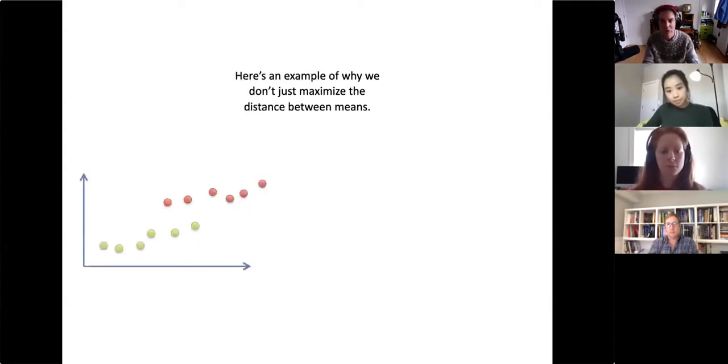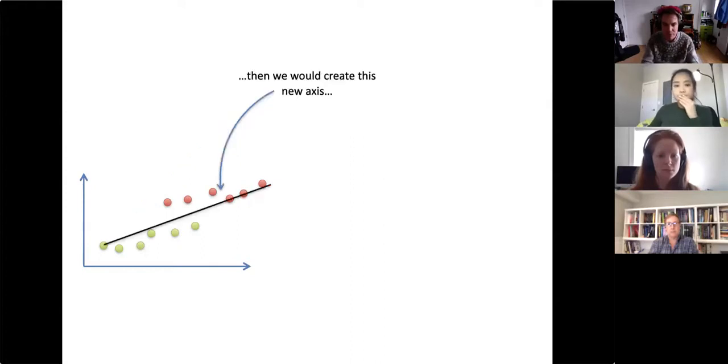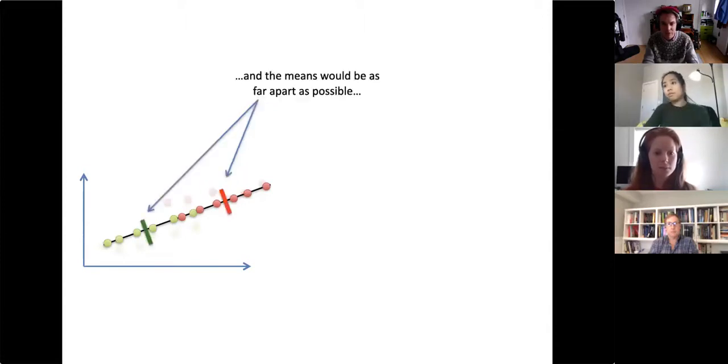Here's an example of why we don't just maximize the distance between means. If the goal is to reduce this two-dimensional data to one-dimensional data by maximizing the distance between the means, and that's all we're focused on, we just want to separate the means as far as possible, then we would create this new axis and project the data onto it, and the means would be as far apart as possible.